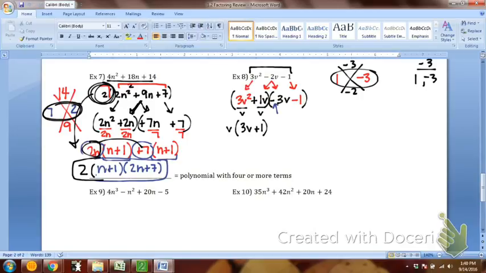Okay? So we're going to divide by negative 1. Remember, if we divide by it, it goes out front. And negative 3v divided by negative 1 is just 3v, right? Negative 1 divided by negative 1 is positive 1.